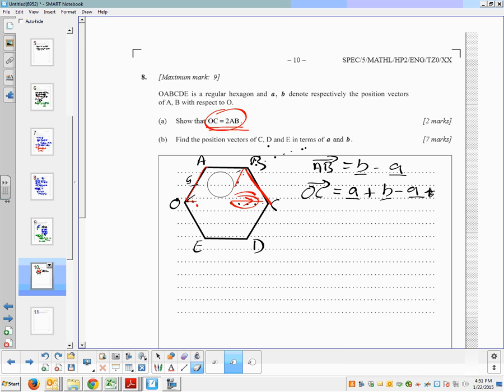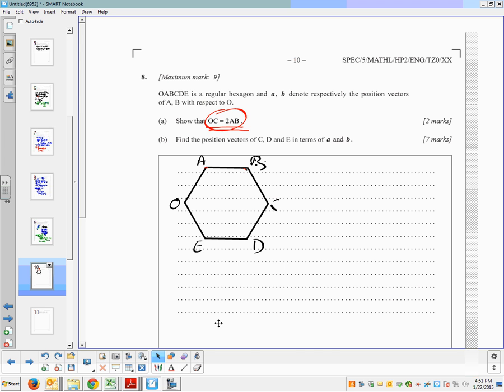So the actual proof that one length is double the length of the other has to resort back to some knowledge of angles. Any argument on vectors to prove this implicitly assumes that it is already true, and you can't reason like that.